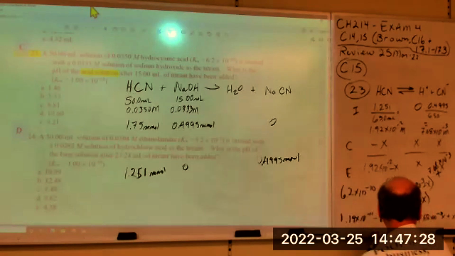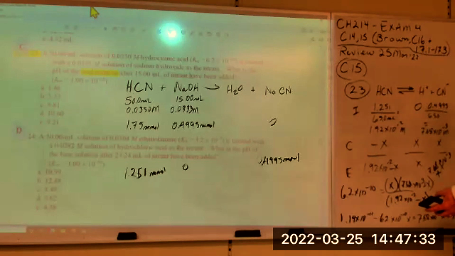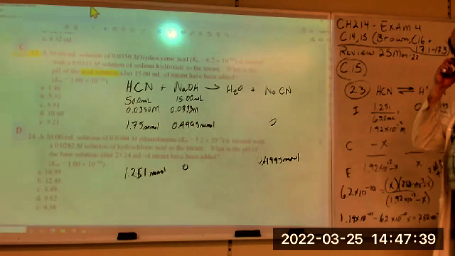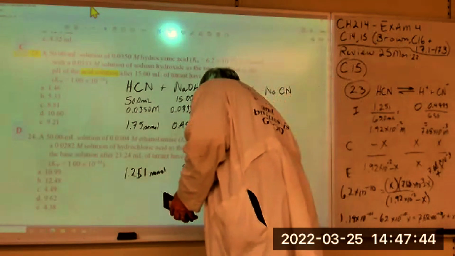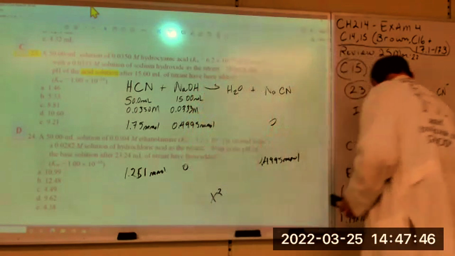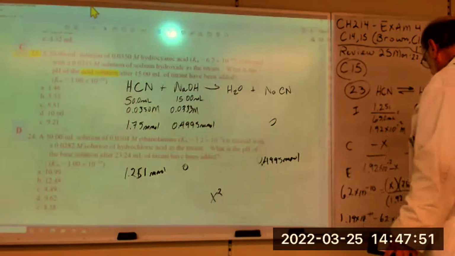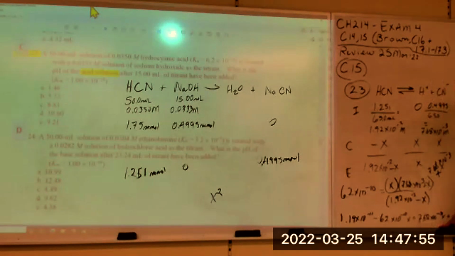I'm gonna move over here. In this case, I want to put 0 on one side and everything else on the other side for the quadratic. So this x squared stays over here, and this positive 7.68 times 10 to the minus 3. Oh, I see. When you add this much to that number, 10 to the minus 3, 10 to the minus 10, that number is insignificant.